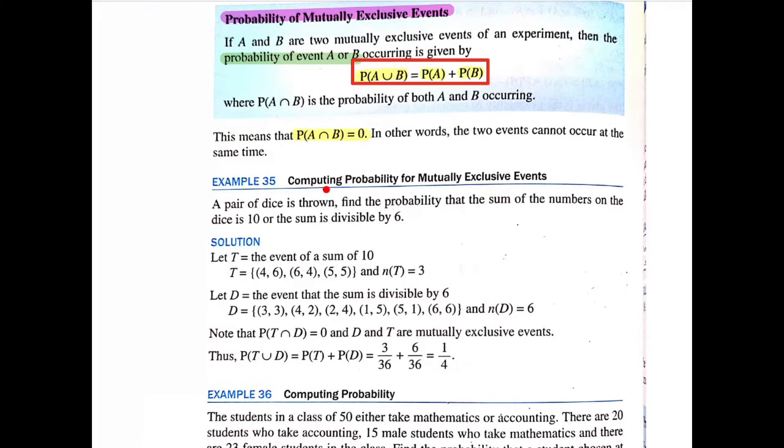Let us see example 35 here. A pair of dice is thrown. Find the probability that the sum of numbers on the dice is 10 or the sum is divisible by 6. So you have two events here. Let's name the first event T, the event where the sum is 10.